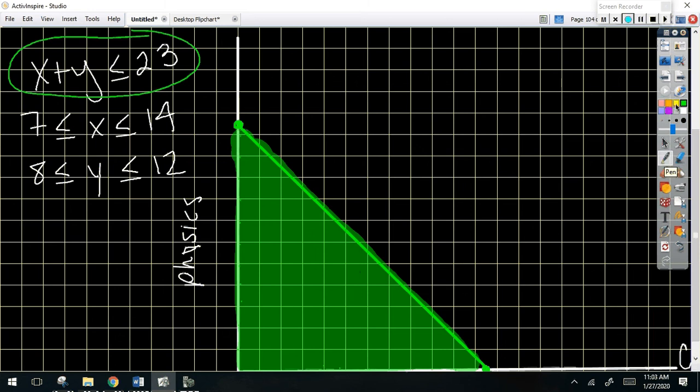Now, if you think about what this means, X has got to always be between 7 and 14, in the middle of them. Well, X equals is a vertical line, right? So I'm going to go between 2, 4, 6, 7, 8, 10, 12, and 14.